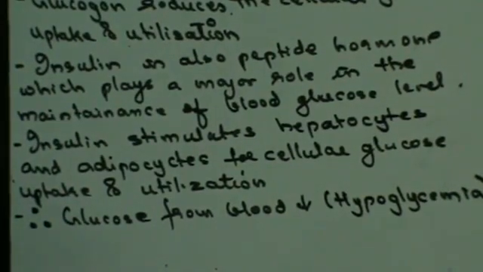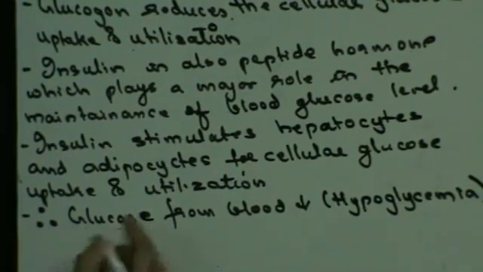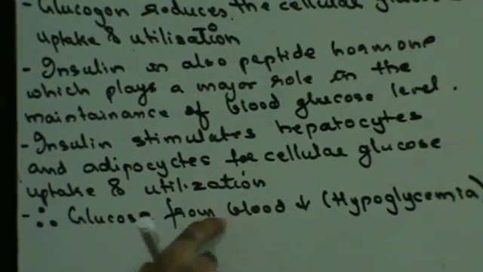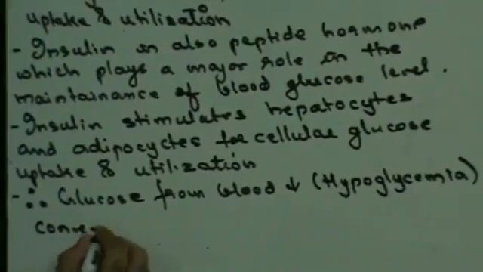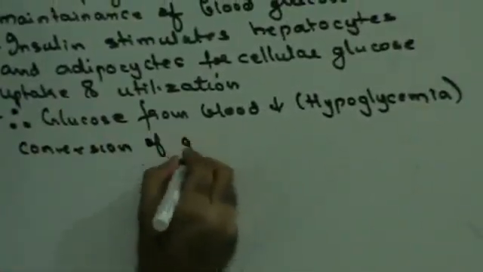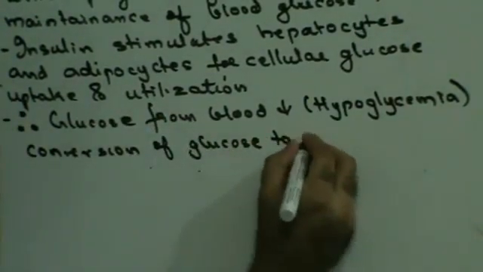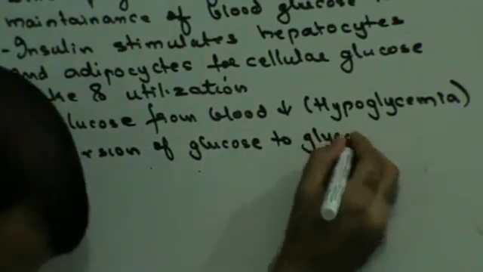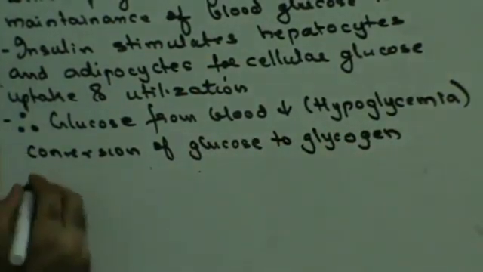Glucose from blood decreases and conversion of glucose to glycogen occurs in the target cells.